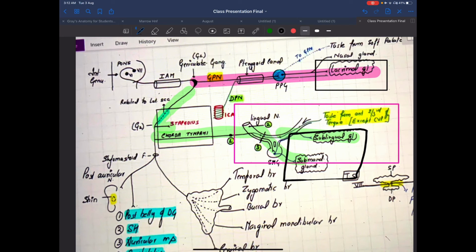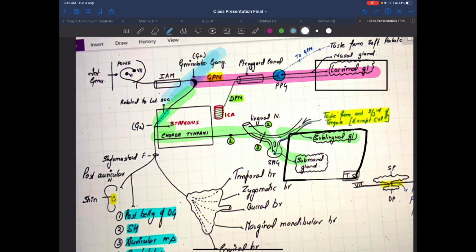Okay. Now look, this is your lacrimal gland and this is your submandibular gland. What is happening is that if there is an injury, let's say here at this level, there were fibers which were coming beforehand for your salivary glands, and there were fibers which are coming to your lacrimal glands before this.